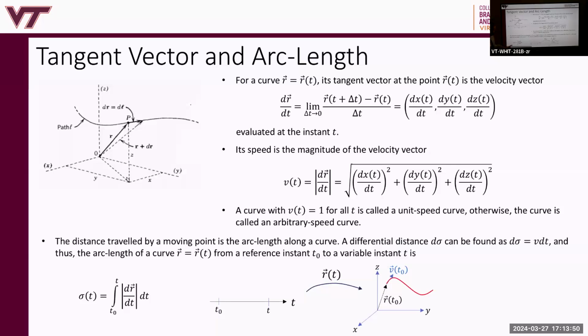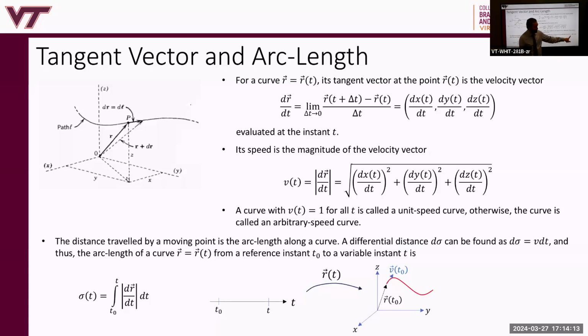All right? So the distance traveled by a moving point is called the arc length along a curve, and the differential distance d sigma can be found as d sigma equal to v dt. Why? Because v here is the velocity, and it's a function of t. If I take the velocity and multiply it by a differential time interval, then I get a differential displacement, right?